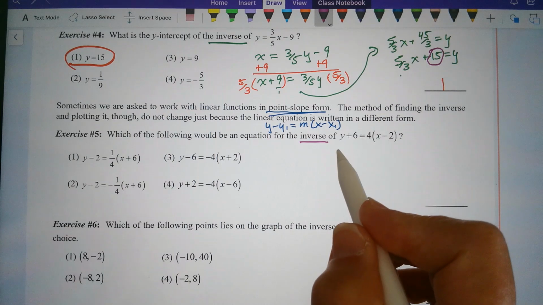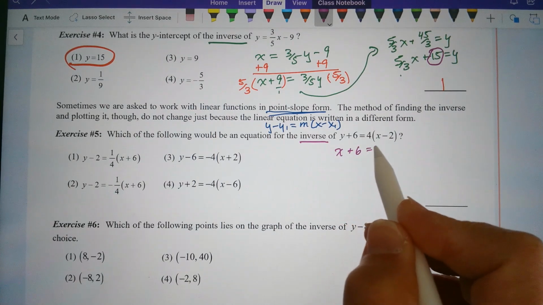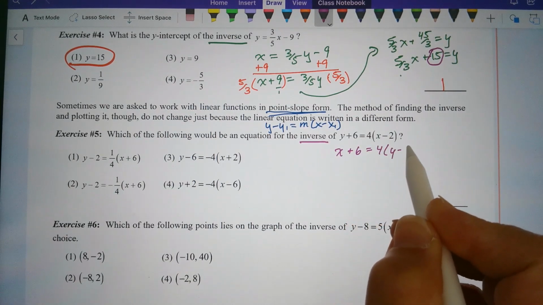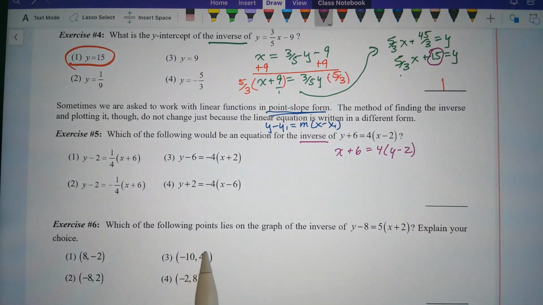Okay, so if we're finding the inverse, we switch x and y, so we have x plus 6 equals 4 times y minus 2. Does this match anything? We just switched x and y. Almost, not quite.